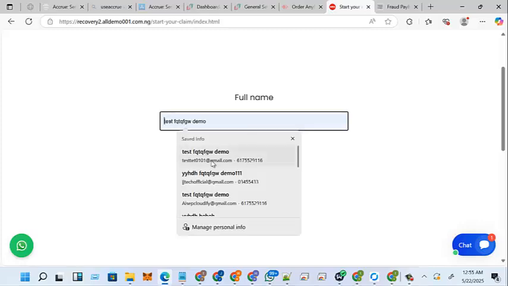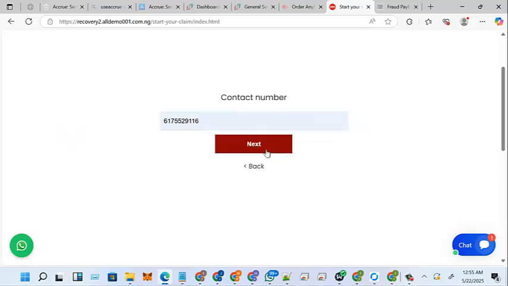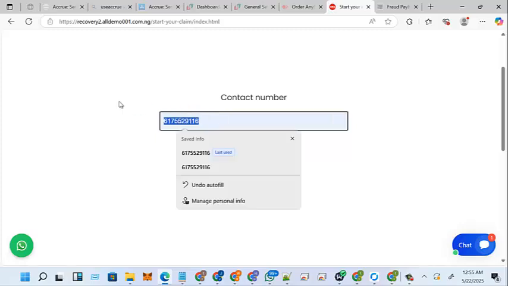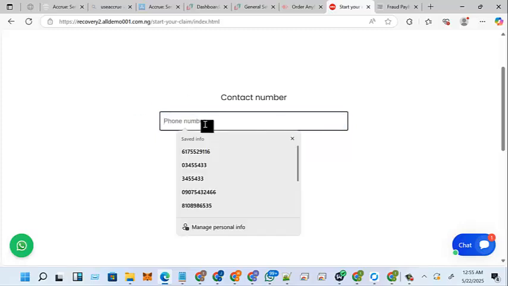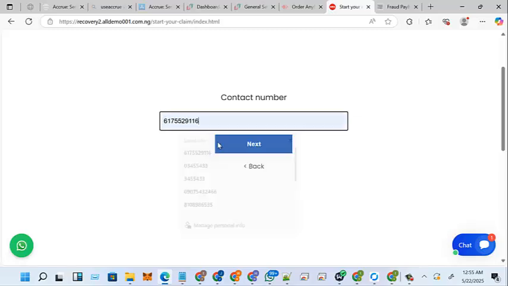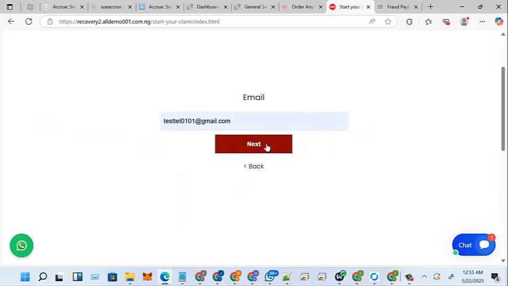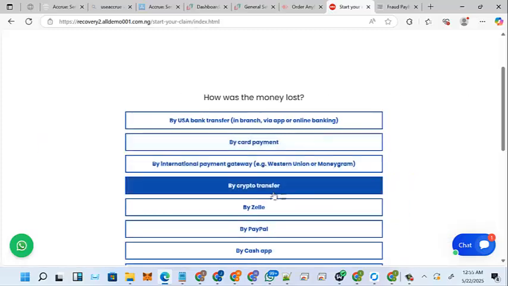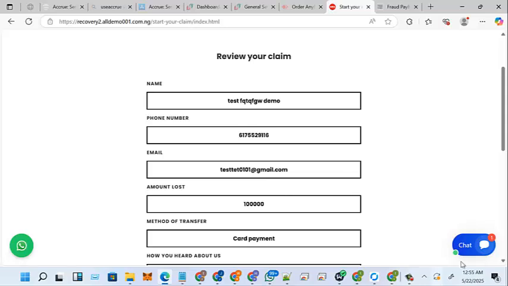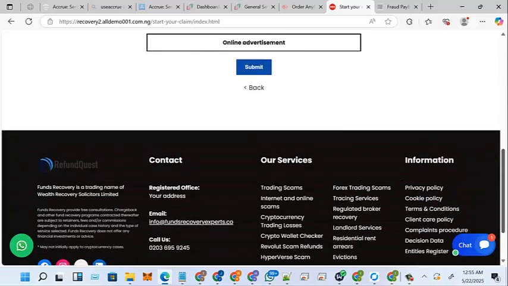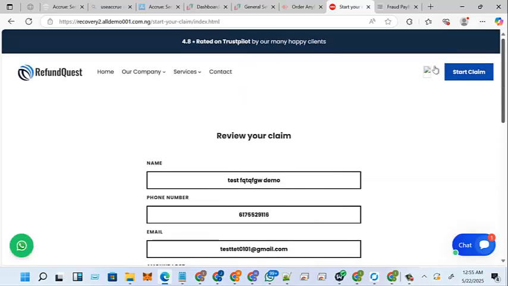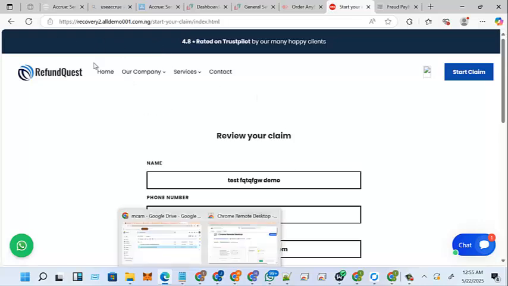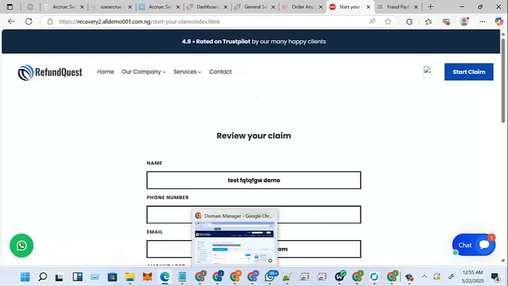Your name, just put a random name. Let's say contact. Click on next. Let's say it was a crypto transfer. So all of these things, when it is sent, it goes to your email. That's the admin's email. Whoever made the design connects their email to it, so it goes straight there.